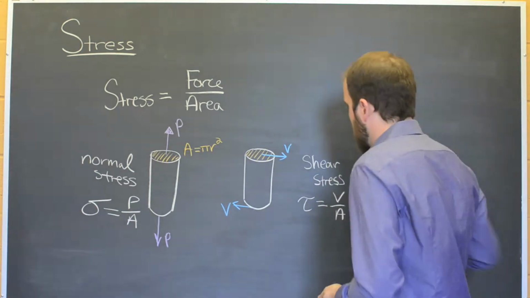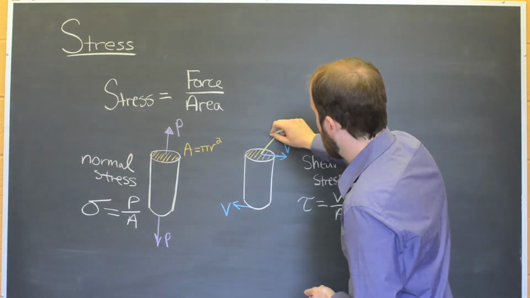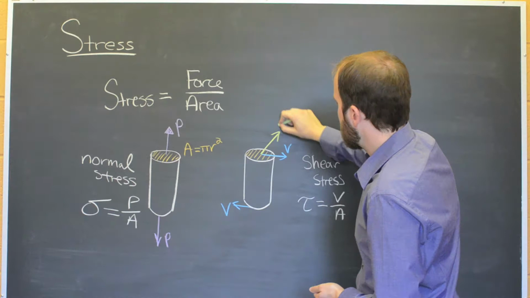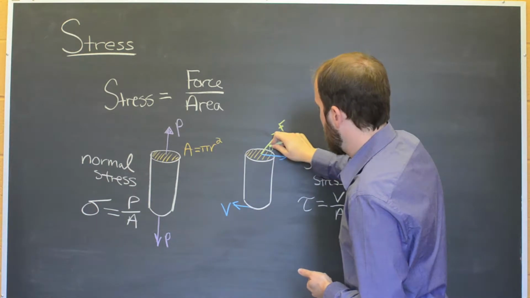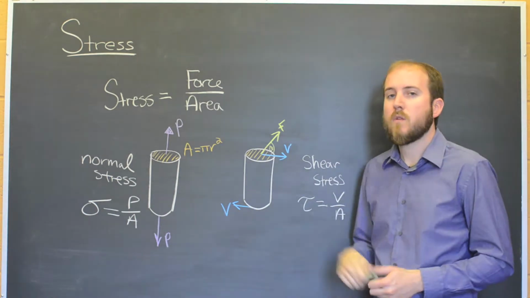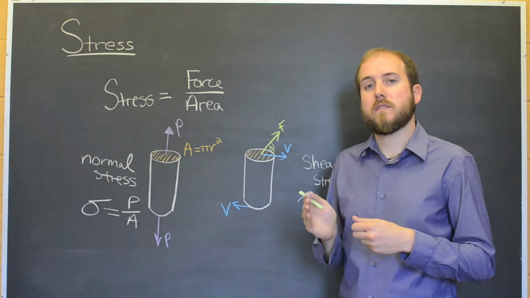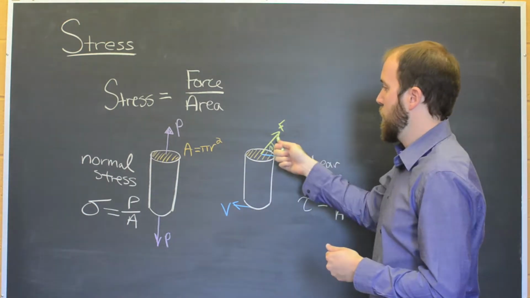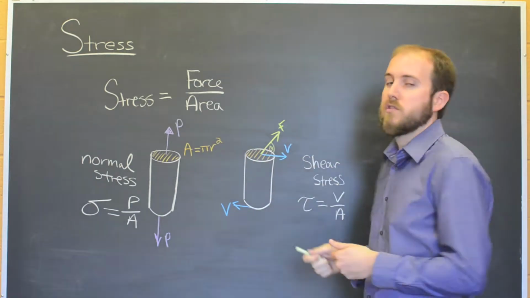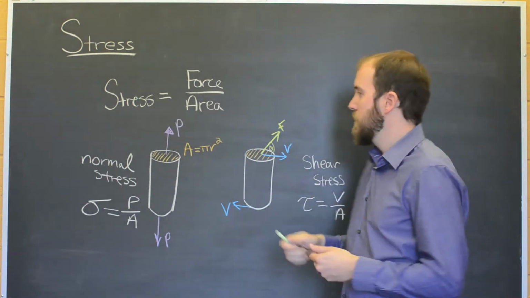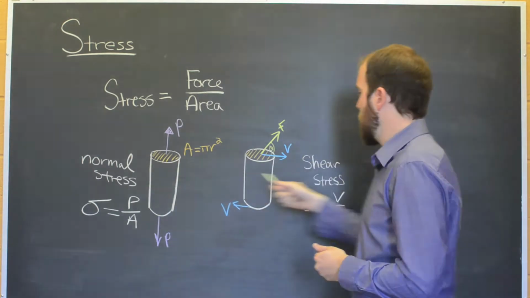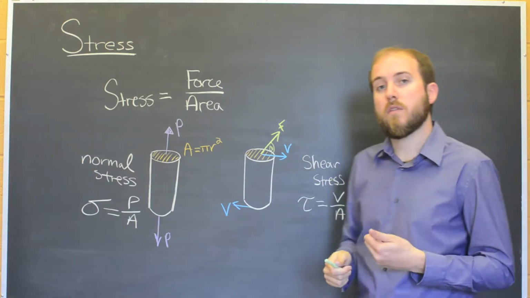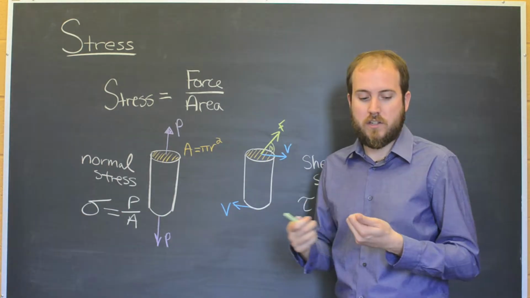Something that looks like this, force F acting at some angle theta. We can break this force F into its components so we can get a normal stress from it and a shear stress from it. So in general, all these external loadings can be described by one or both of normal stresses and shear stresses.